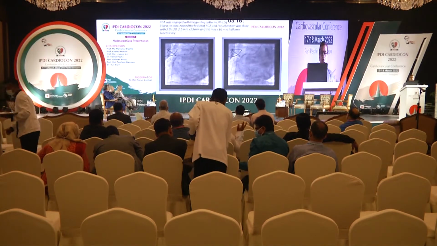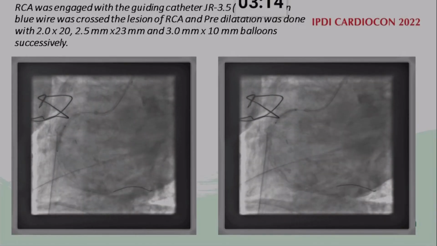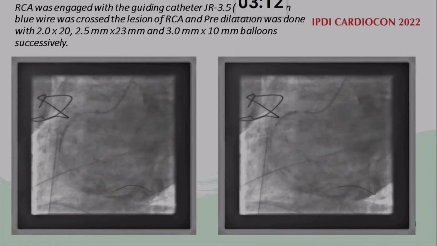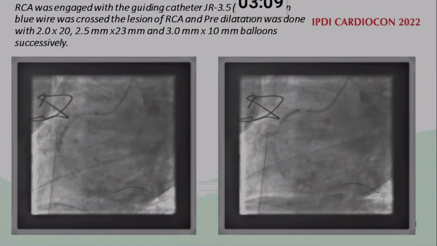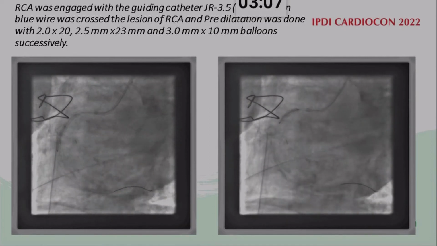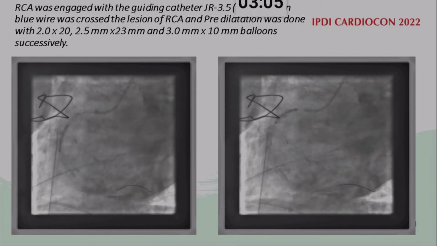RCA was engaged with the guiding catheter JR 3.5, 6 French. Cyan blue wire crossed the lesion of RCA and pre-dilatation was done with 2 by 20, 2.5 by 23 and 3 by 10 millimeter balloons successively.